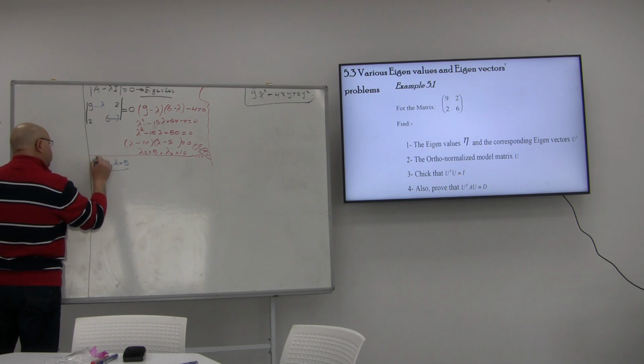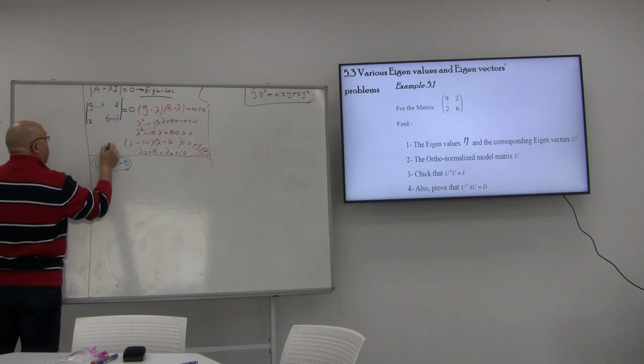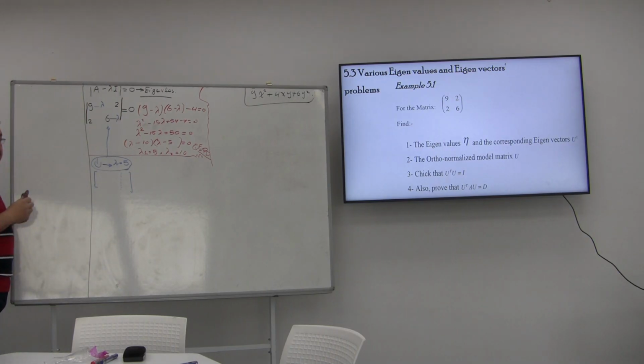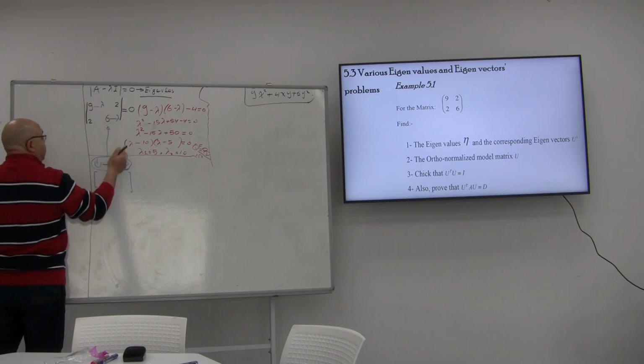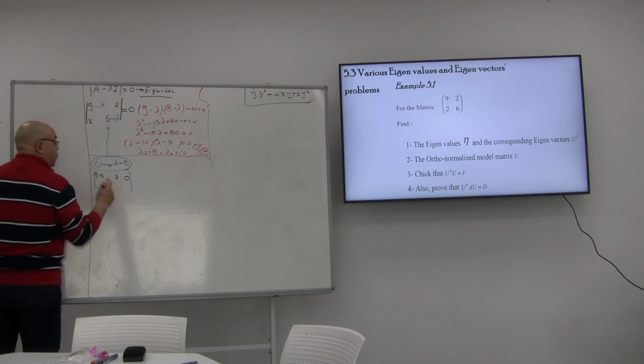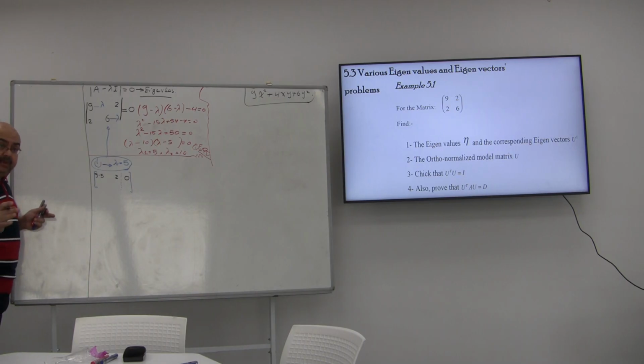All I have to do is to take this value and substitute in the matrix or in the homogeneous equation by this form. So all I have to do is to replace lambda by 5. So I will have 9 minus 5, 2 and 0, because I have a homogeneous type of equations.